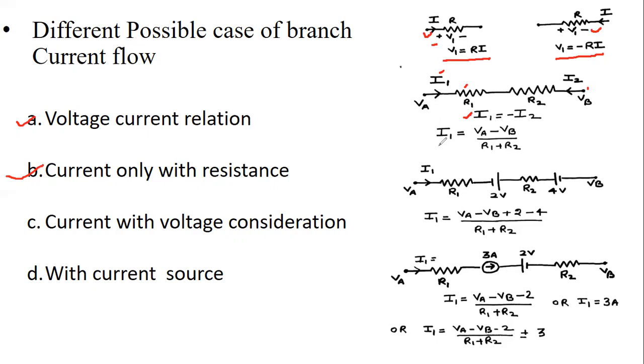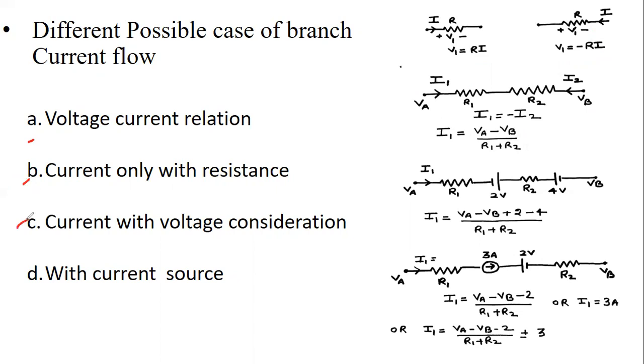And second, current always flows due to the potential difference. This node potential is VA and this node potential is VB. So the current value is the potential difference, VA minus VB, divided by resistance R1 plus R2. So this is the first case, the voltage current relation, and this is current with only resistance.